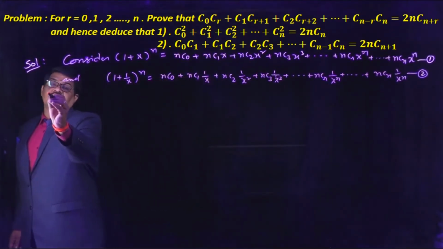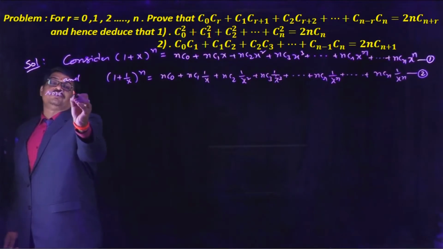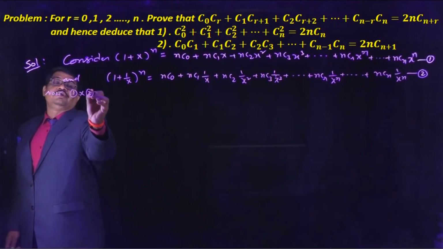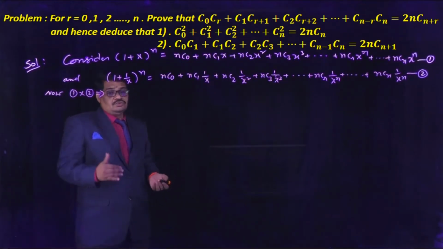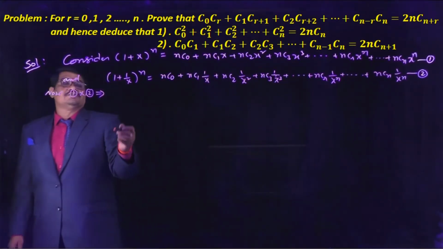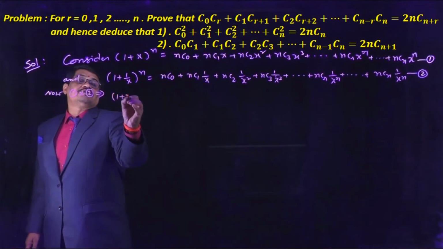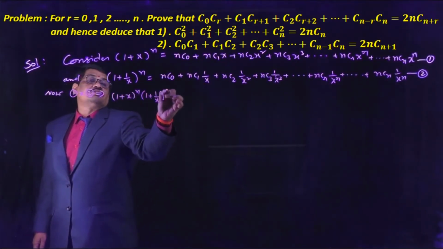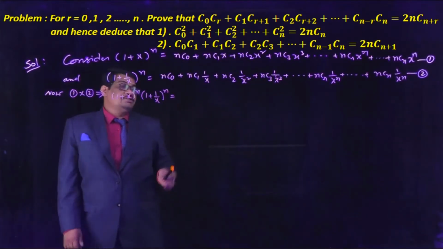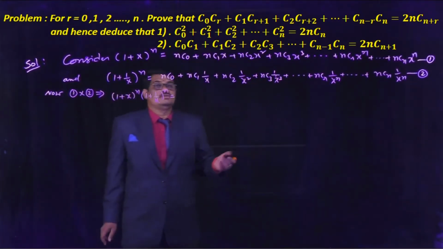Now we are writing the product of these two equations, 1 into 2. So in LHS, what is here? (1 + x)^n into (1 + 1/x)^n. In RHS, we are producing these two terms.